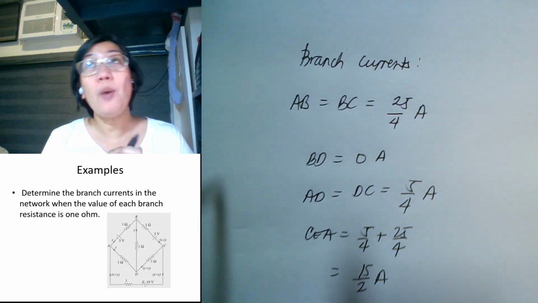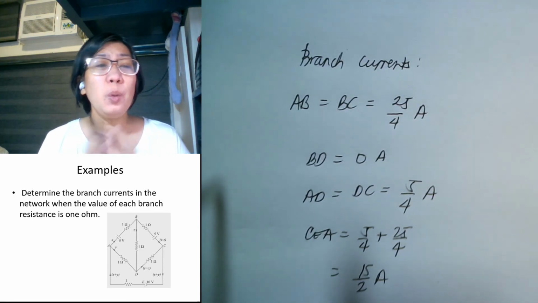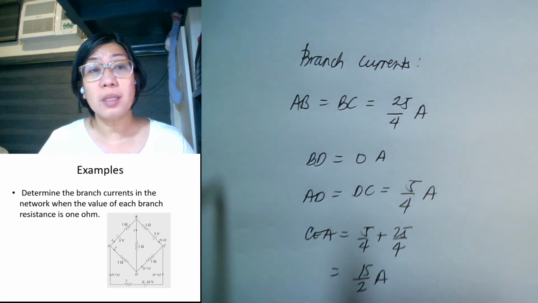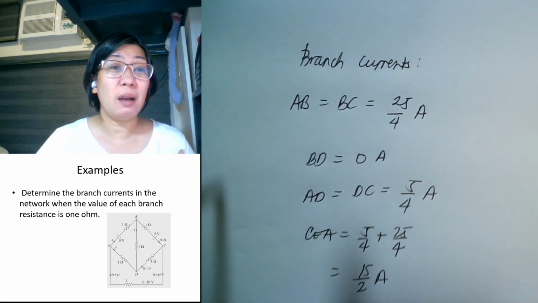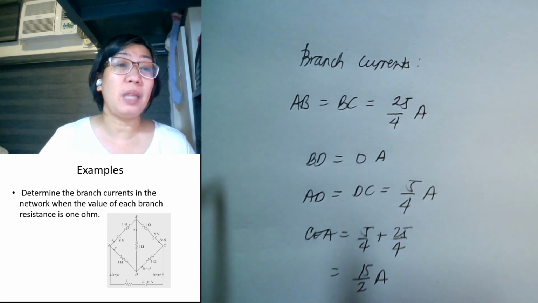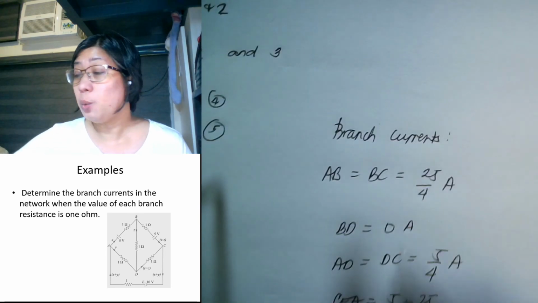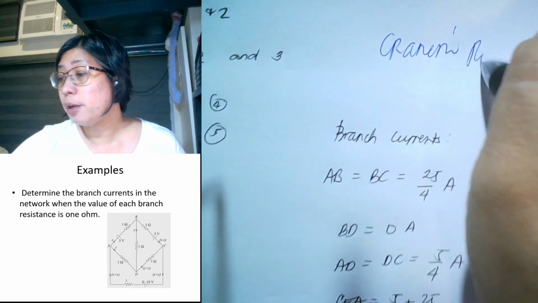Okay? So, since we will be dealing with more equations, I want you to review some mathematical ways of simultaneously solving equations. And one of those is what you call Cramer's rule.